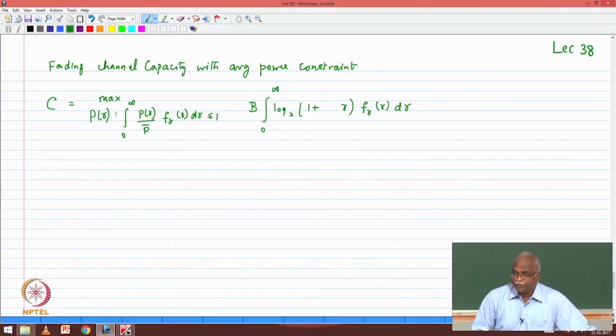I have left a little space there because gamma was the SNR that the channel gave you, but you modified it using power allocation. So, the power allocation that you are doing is P of gamma divided by P bar, very important. Okay. So, basically that is a number that can be less than 1, greater than 1.